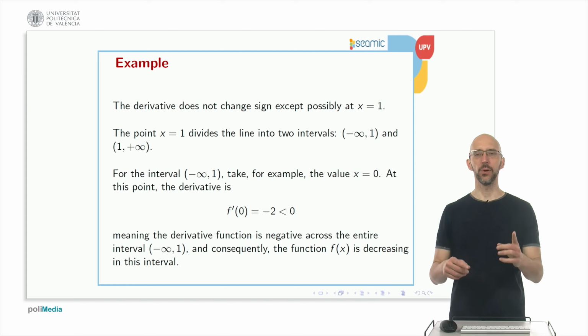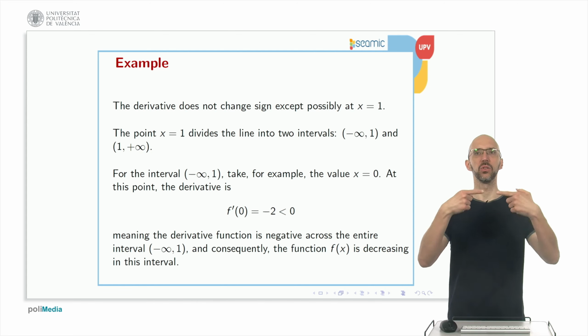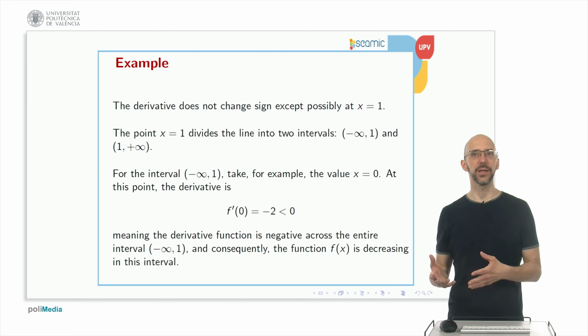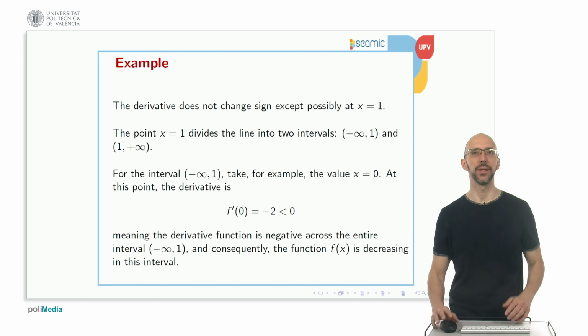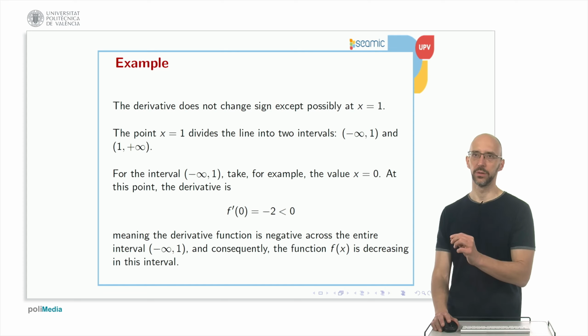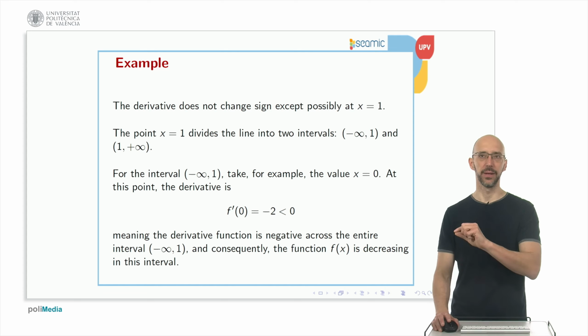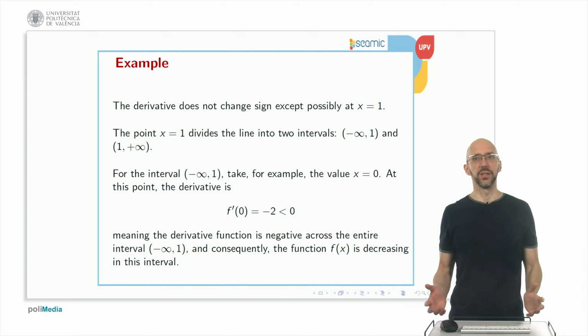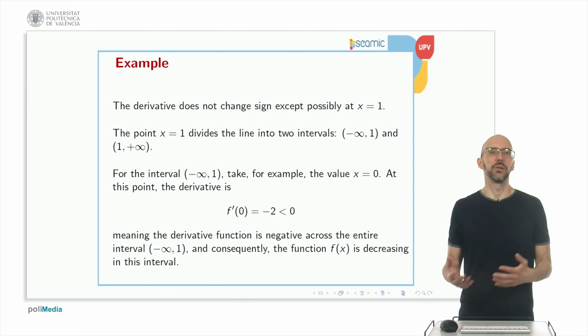How do I know the sign of the derivative at each of these intervals? Piece of cake. Take any point you want at each interval. Which value is perfect? No value is perfect. Sometimes it's easier to calculate or not.